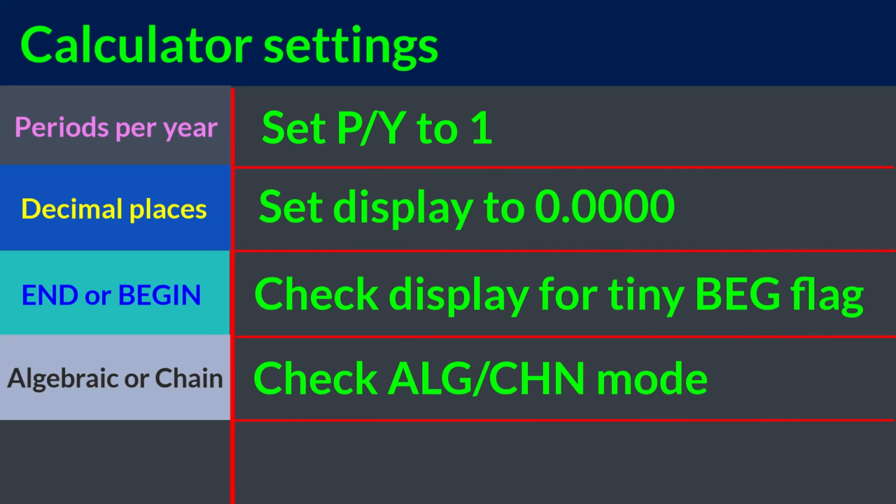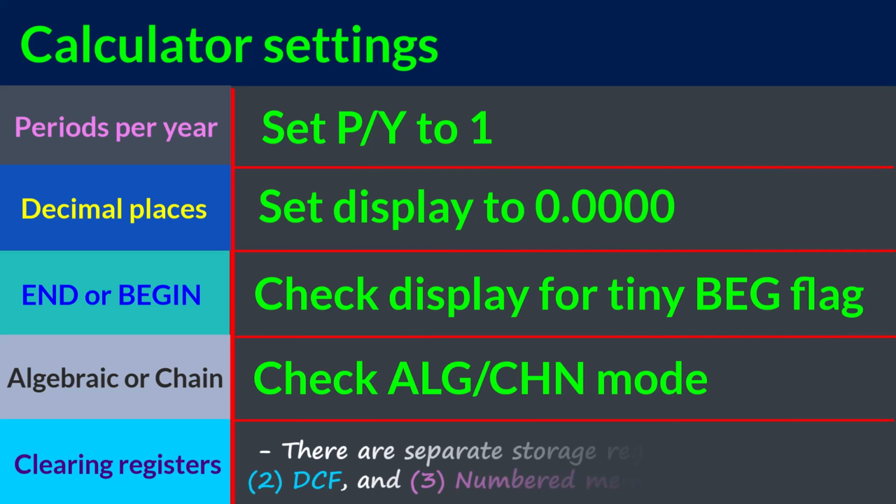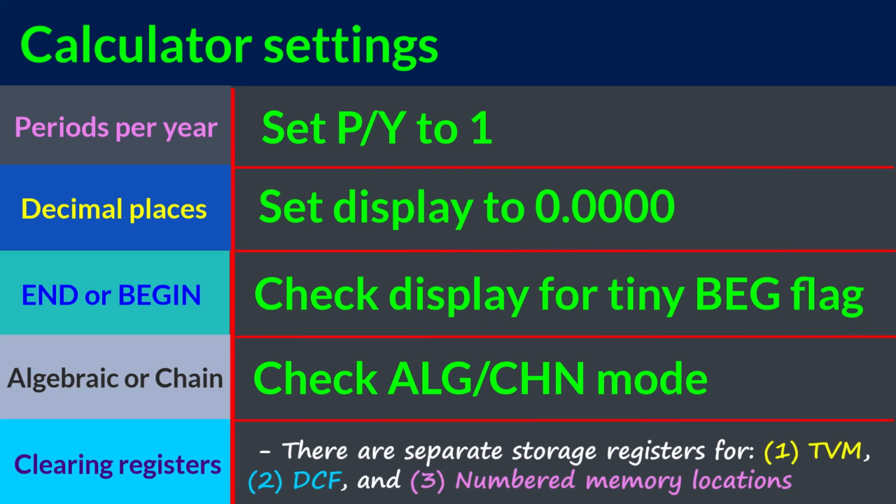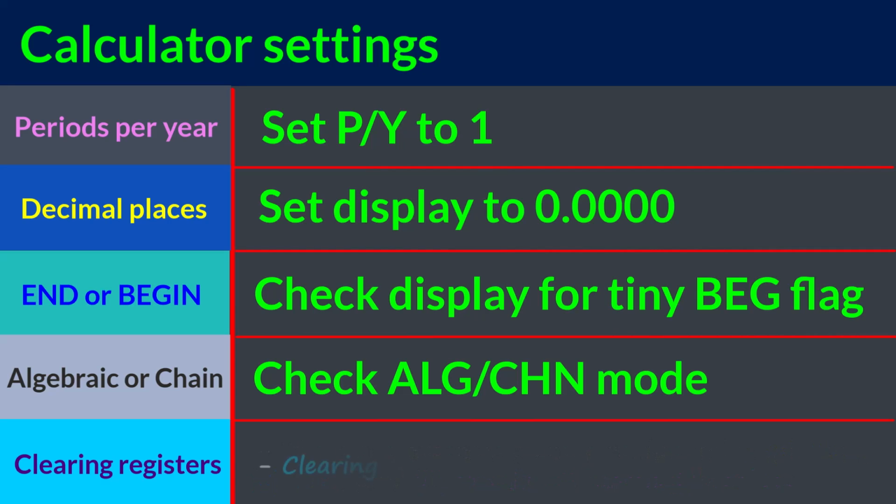The final step is to understand exactly how to clear the various registers and memory banks in your calculator. You need to do this before each new calculation, and you especially need to know with complete certainty how to clear your TVM and DCF registers. Often, different key presses are required to clear different parts of the calculator's functionality.